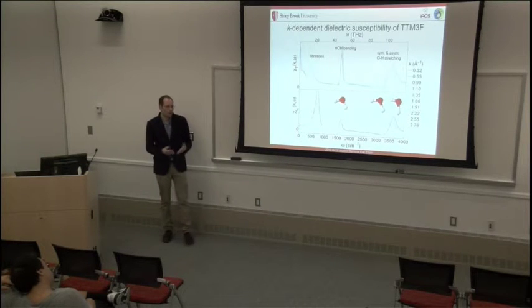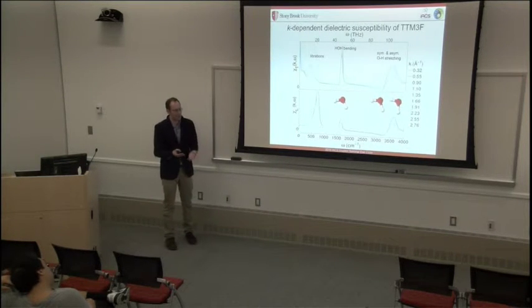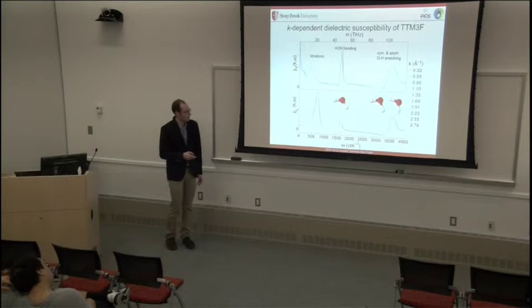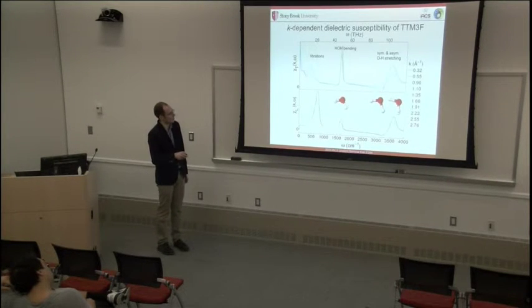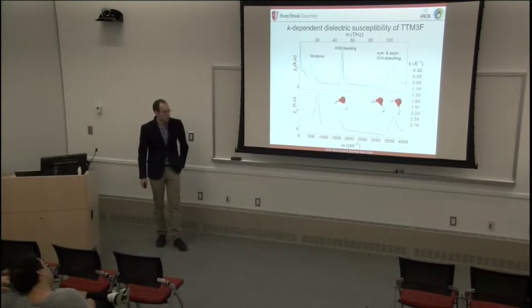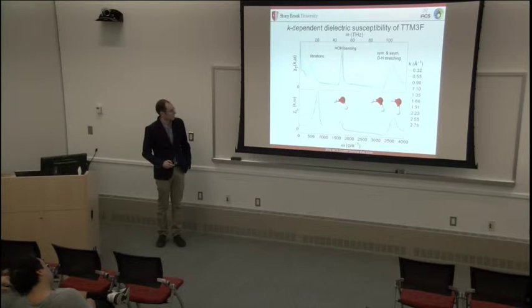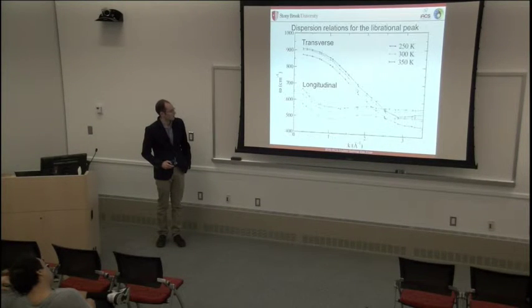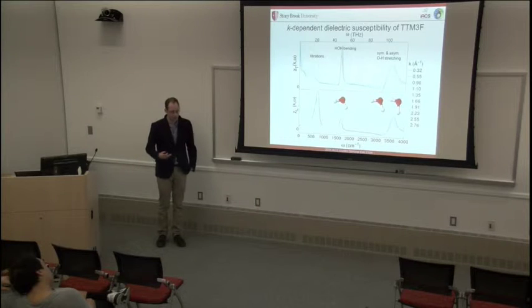You can't arbitrarily pick a K vector at a certain frequency experimentally. You can get these susceptibilities at K equals 0, and in fact, I'll show you that in a minute.